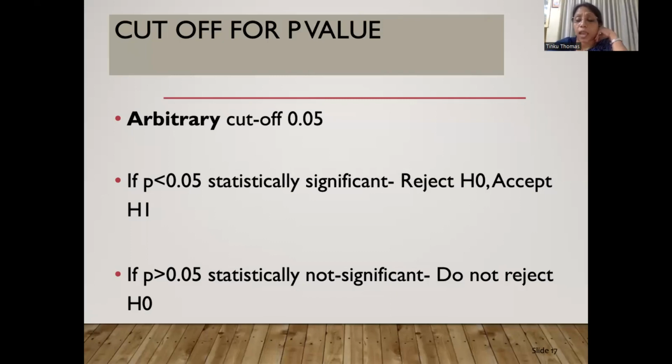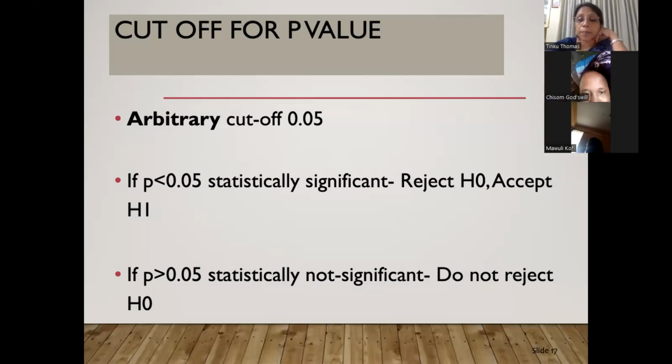Because you can get a p greater than 0.05 by just having a very small sample size. So instead of doing the study in 100 people, if you do a study with 10 people, comparing 10 urban BMI versus 10 rural BMI, you can land up with a p-value of, let's say, 0.08 or 0.1 or so.